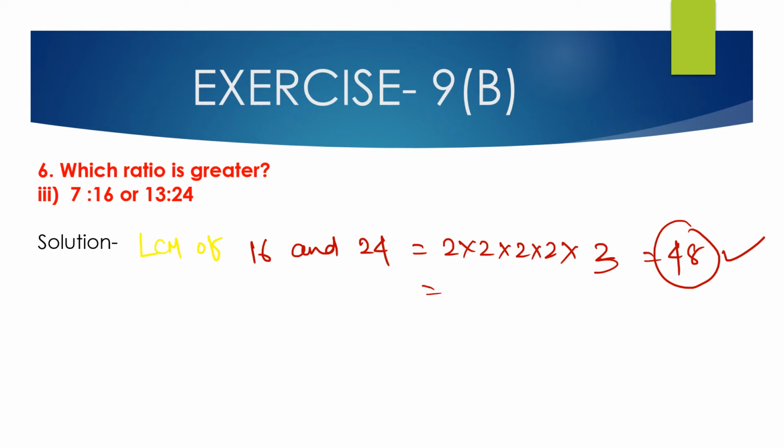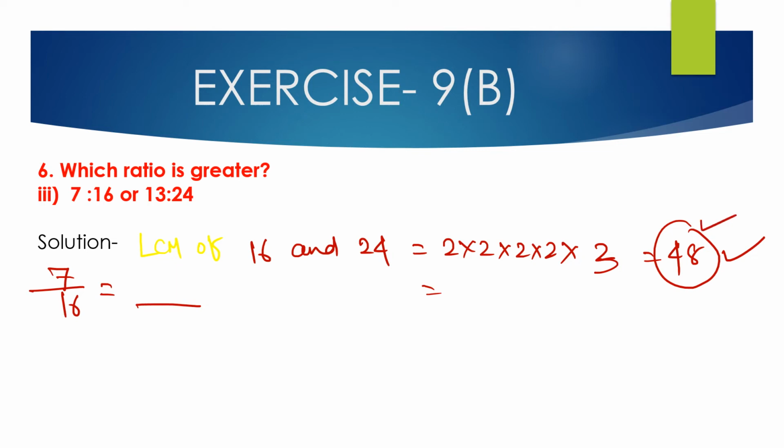Now convert the ratio 7 is to 16 into an equivalent ratio. Equate the consequent 16 to the LCM by multiplying the same number with both the antecedent and the consequent. Which number do we have to multiply with the consequent 16 to get the LCM, that is 48?